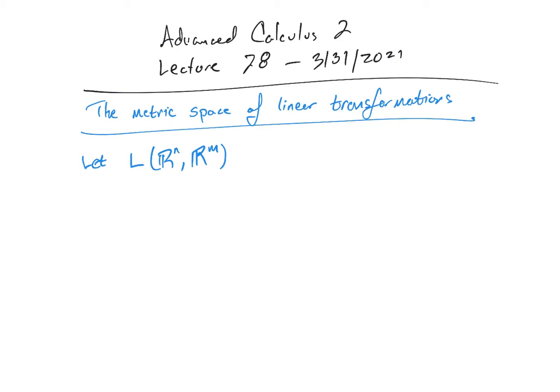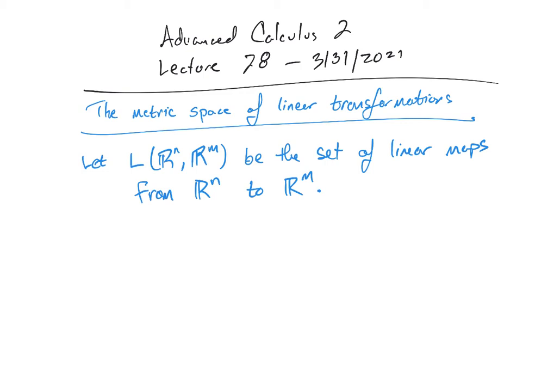Okay, so L(Rn, Rm) be the set of linear maps from Rn to Rm. Okay. Now, back in the first lecture that we did on linear algebra, we said that we can identify these linear maps with matrices.